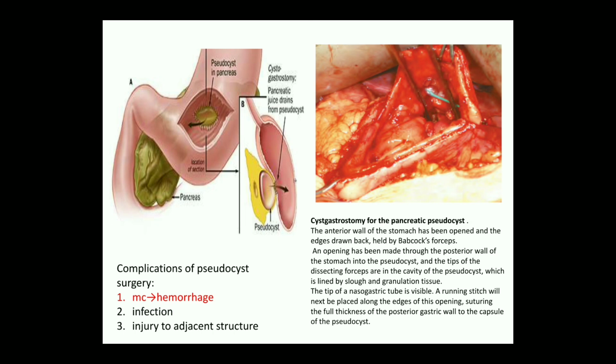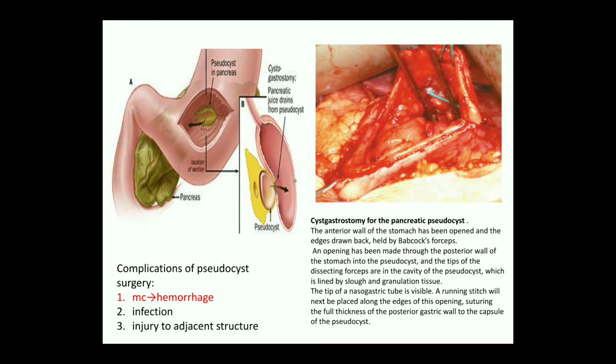As for complications after pseudocyst surgery, the most common is hemorrhage, and infection can also take place, along with injury to adjacent structures. Here in this figure we can see cystogastrostomy for the pancreatic pseudocyst. The anterior wall of the stomach has been opened and the edges drawn back, held by Babcock's forceps.